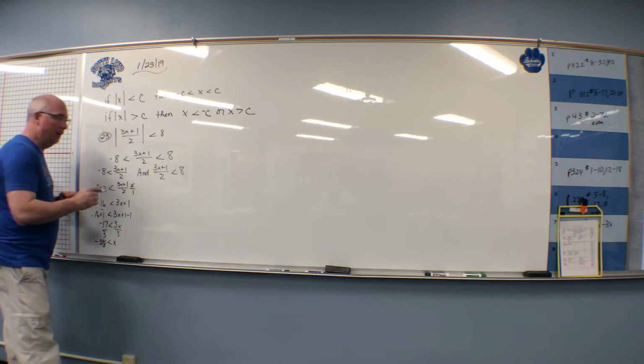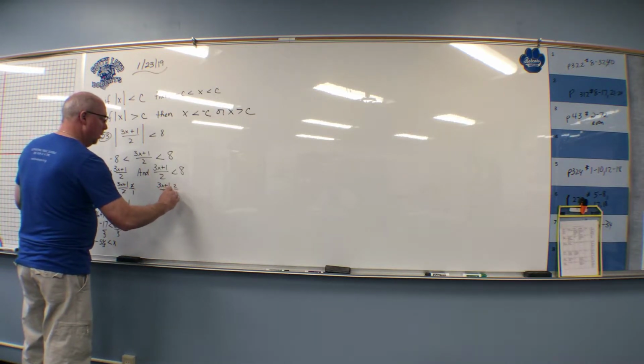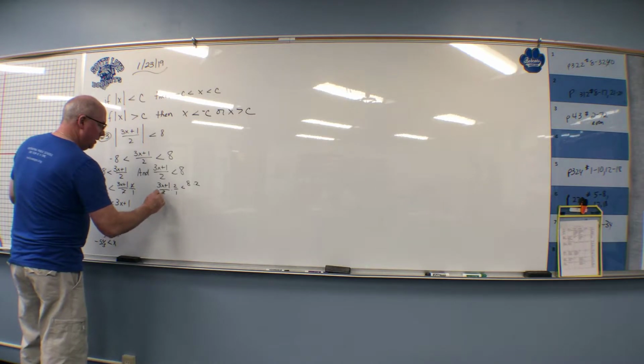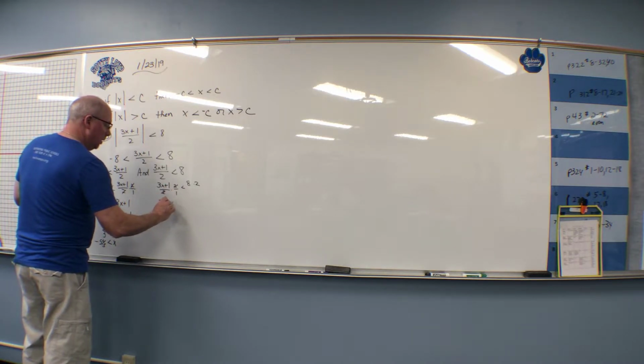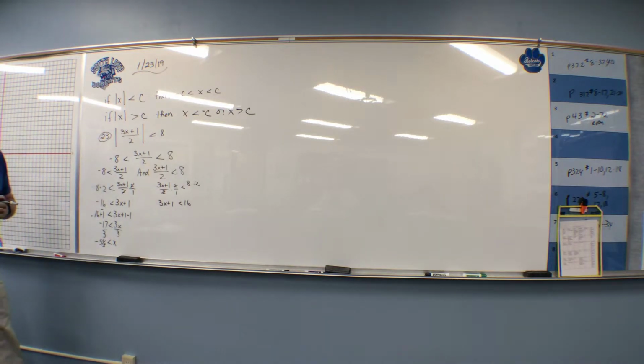Okay, let's do the same over here then. (3x plus 1) over 2 times 2 over 1 is less than 8 times 2, correct? And these cancel, so I have 3x plus 1 is less than 16. Now I'm going to subtract the 1. Am I going too fast?